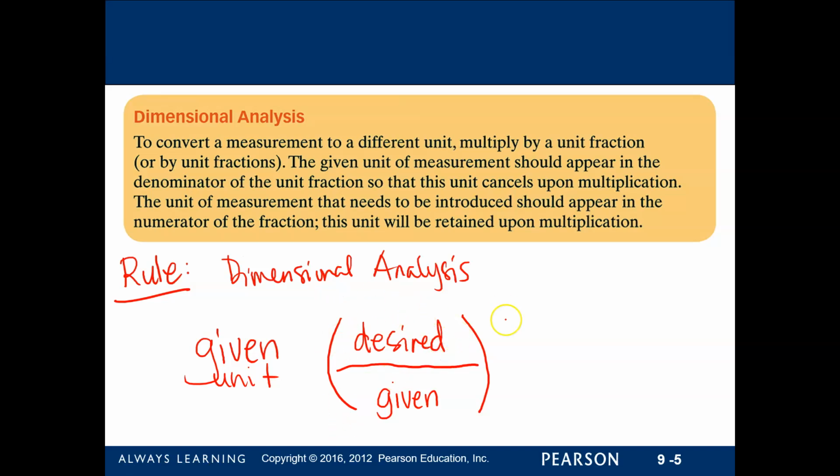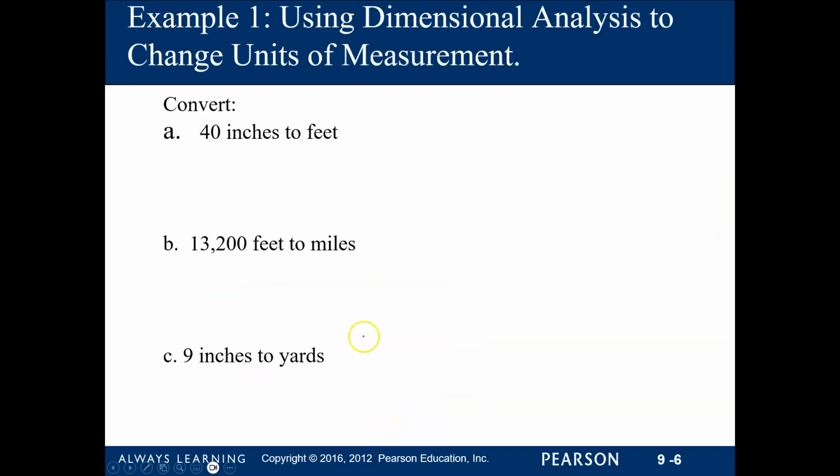Why? Because when you are multiplying fractions, if you have a common factor between a numerator and denominator, they are the same, so you can cancel them. That's the reason why whatever is the given unit goes in the denominator, so that it will be canceled. So let's have some examples.